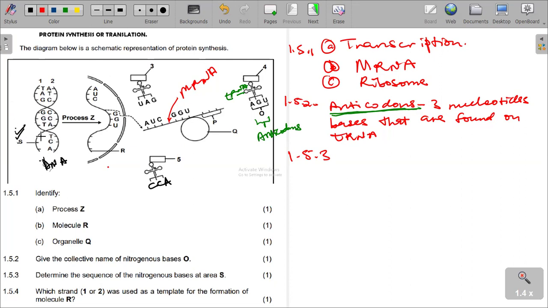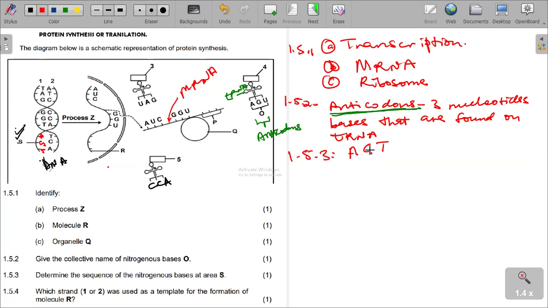It is A, which is on this side. And then we have got C here. The complementary base for C is G. And then we have got A there. The complementary base for A is T. So the complementary nitrogen bases on area S are AGT.